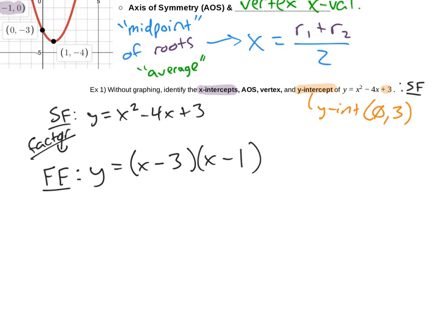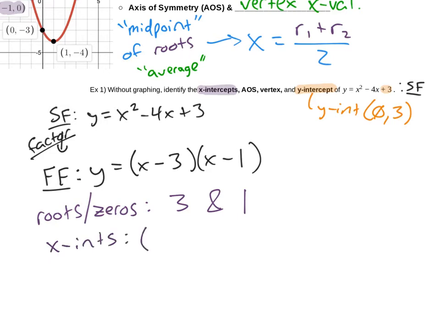So our roots, sometimes they'll call them zeros, like Get More Math does. And those would be just as simple as the values, 3 and 1. Just the x values. But we want to write the x-intercepts. So we got to do coordinates. So tell me the coordinates. 3, 0, and 1, 0. So there's our x-intercepts.